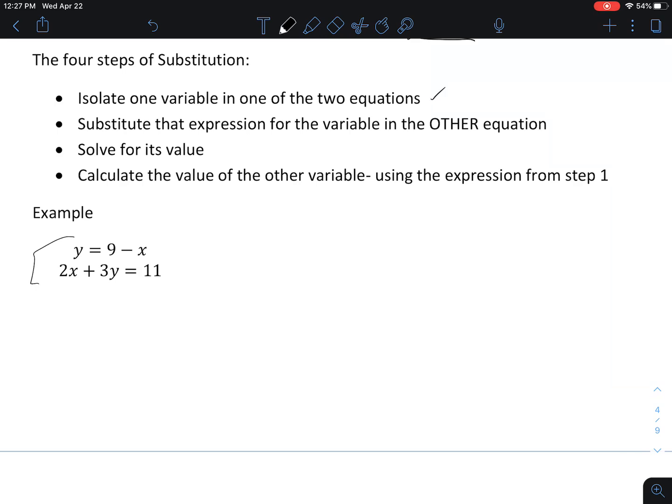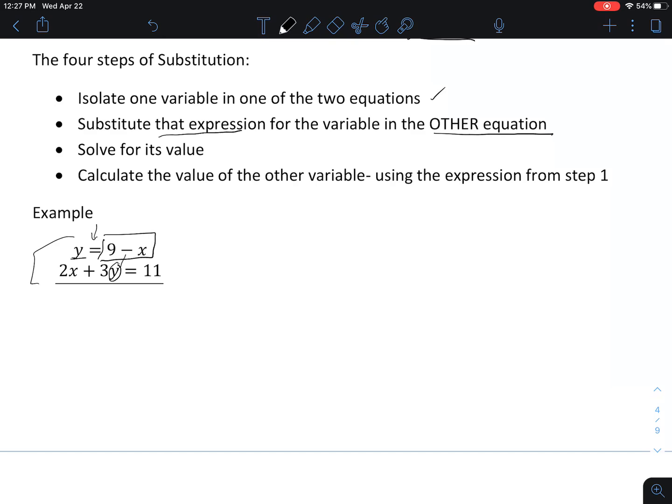First, isolate one variable in one of the 2 equations. Well, that's already been done for us. You can see how I have this y isolated. That y is on its own. Now substitute that expression for the variable in the other equation. What is that saying? Well, y is 9 minus x.